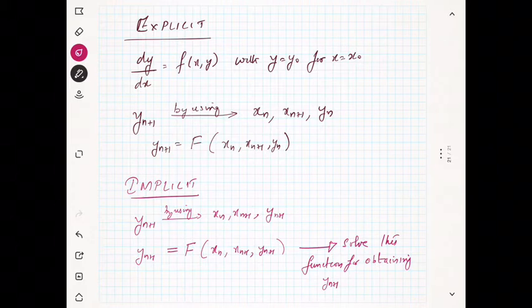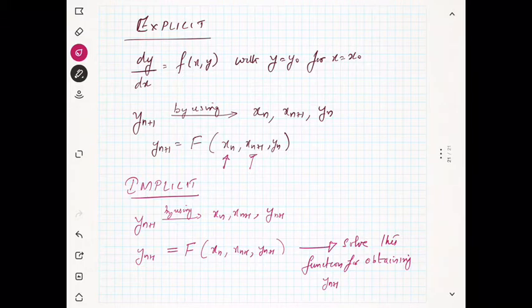Okay, I hope that this is very clear. So in the explicit method we will be calculating yn plus 1 explicitly. That means yn plus 1 is calculated by using xn plus 1 and yn.